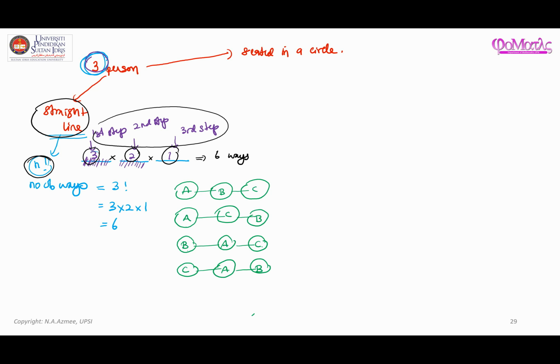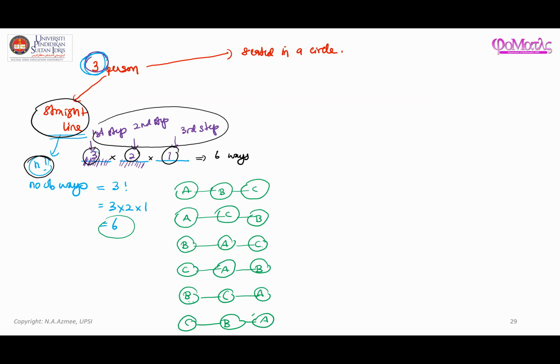And finally, we're going to put person A at the end of this line, and here we've got B and C, and we will maintain A at this end, and we're going to switch the positions of C and B. So there you go, we've got ourselves 6 different ways of arranging 3 persons to sit on a straight line.